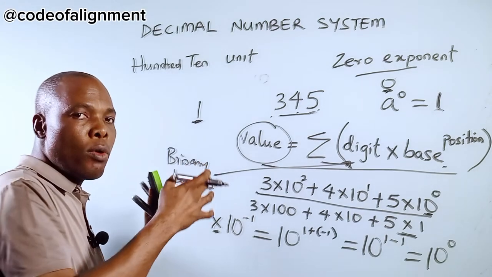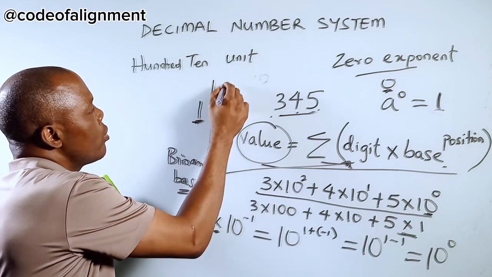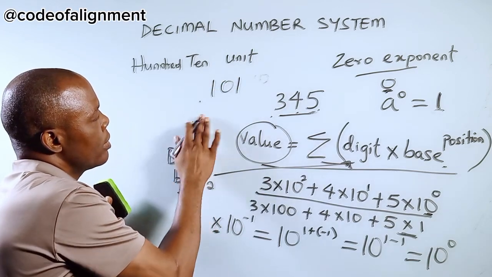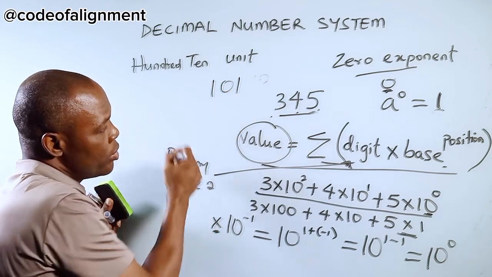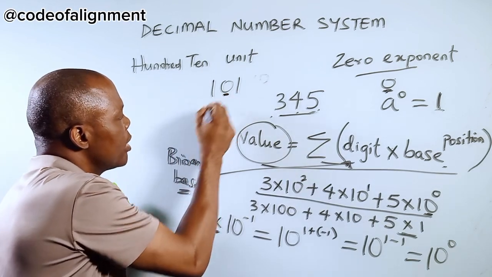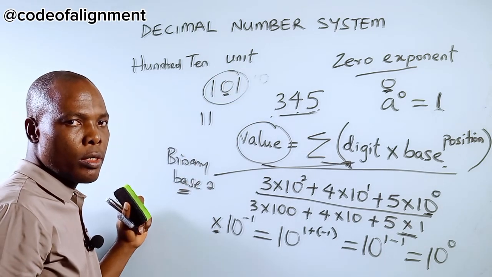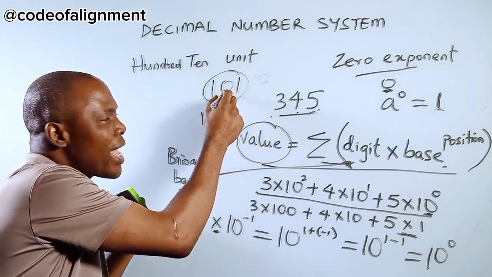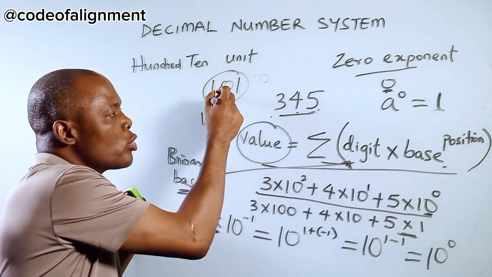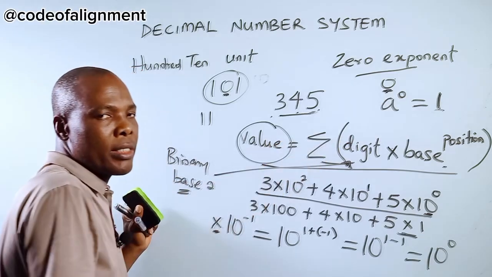So both of them work hand in hand. If you have something like 101, you can see that we're having 0 in it. If this one was not there, this will collapse into 11. It means that this structure cannot hold. So it is a placeholder, and it also helps to define the starting point of your measurement.